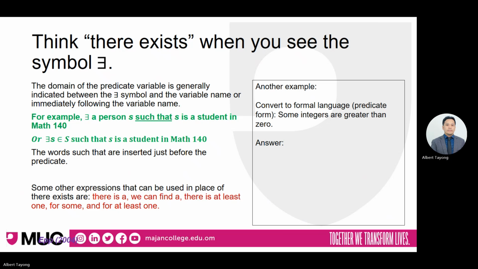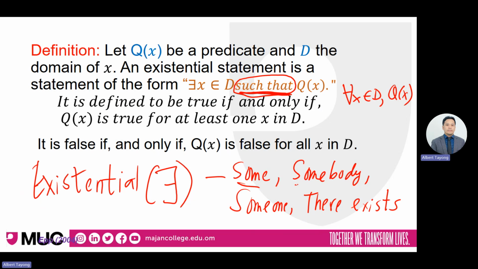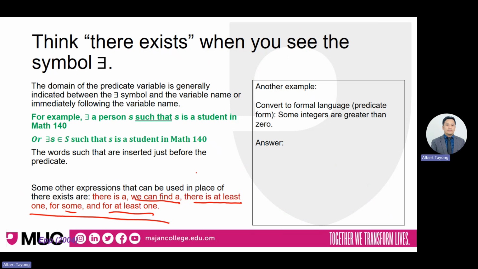Here, as I said, we can use these common words: there is at least one, there is a, there exists, we can find a, for at least one, not all, some, somebody, someone. In addition to that, you can use these words as well to denote that we are talking about a quantifier, which means there exists. It means one or more, but not all.